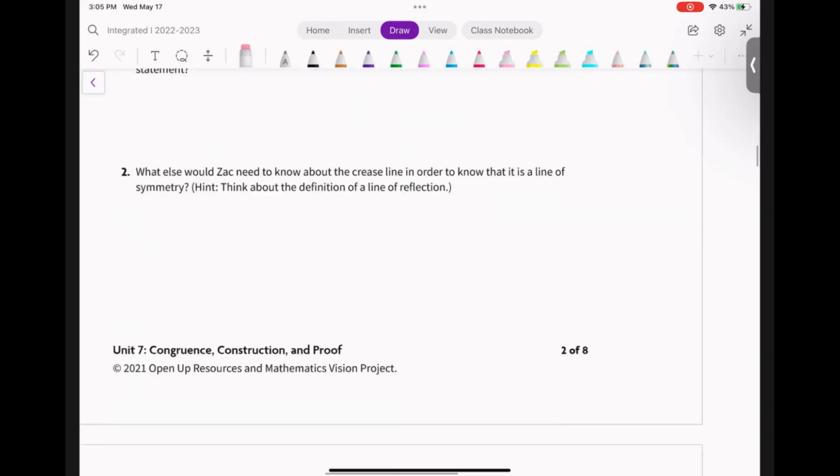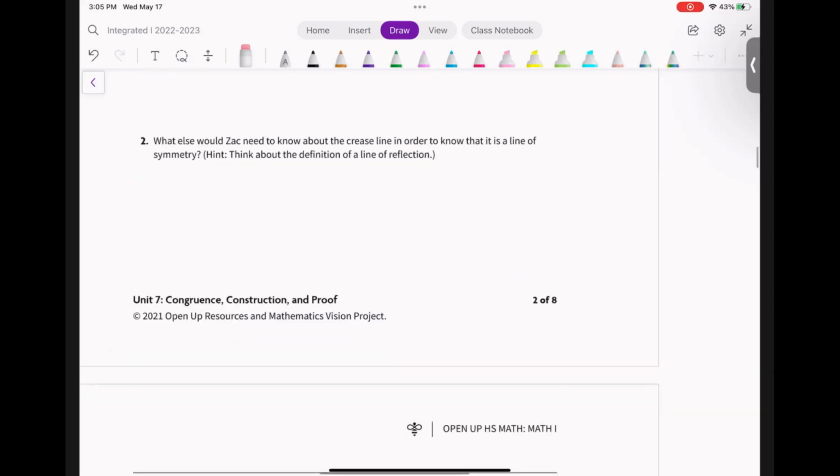All right, what else would Zach need to know about the crease line in order to know that the line is a line of symmetry? Hint, think about the definition of a line of reflection. So, what else would Zach need to know about this line to prove that it was true?